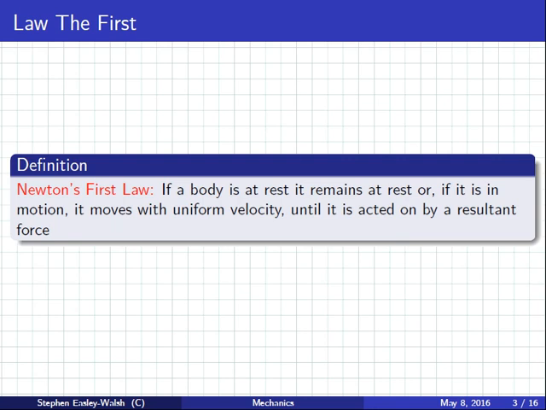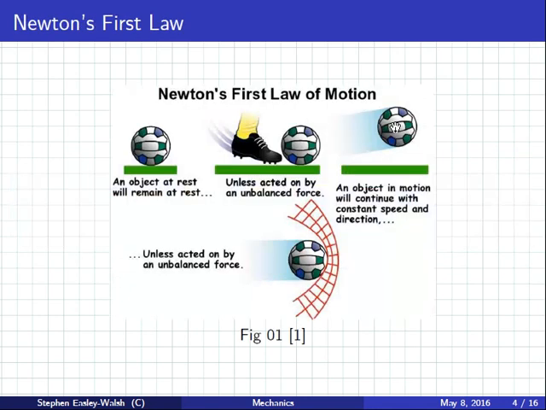So, here is a simple example with a little picture I found that I thought explains Newton's first law quite well. Here's the football. It's at rest, and it will stay at rest unless acted on by a force, in this case the foot. Then, here's the ball in a constant motion.